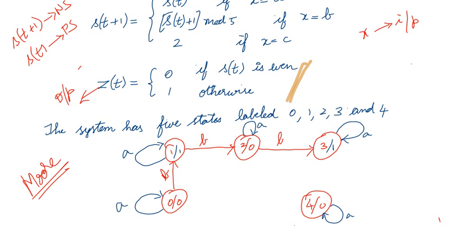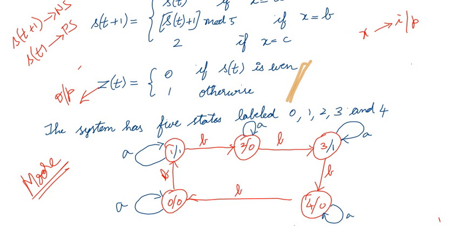From 3 we go to the state 4. Similarly, the present state is 4, so 4 plus 1 is 5. 5 mod 5 gives the remainder which is 0. When the input is B, from the state 4 we go to the state 0.